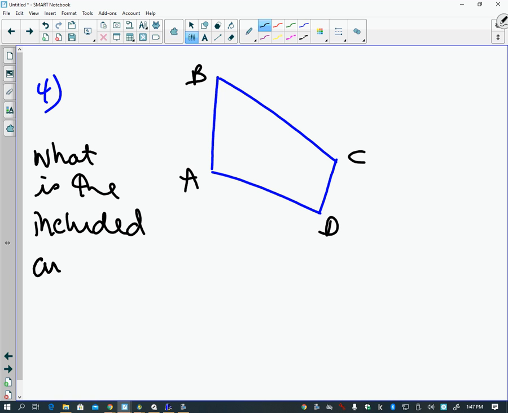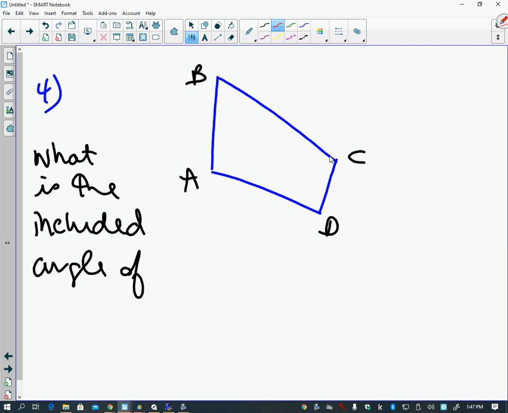Included angle of, let's see, AB, and let's do this. Change it up a little bit here.